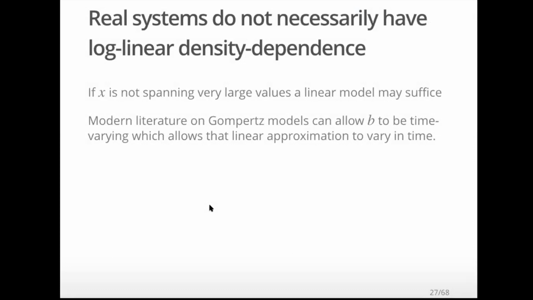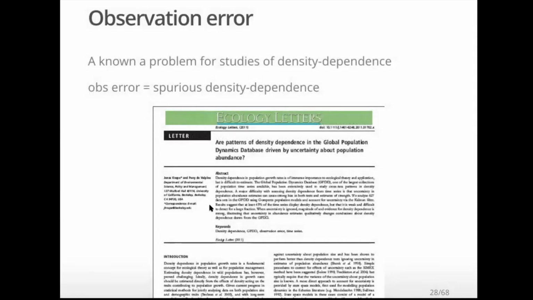Okay, so these are some caveats. Yes, it's a simple model, but you can approximate a lot of other types of density dependence. This model has a long history.